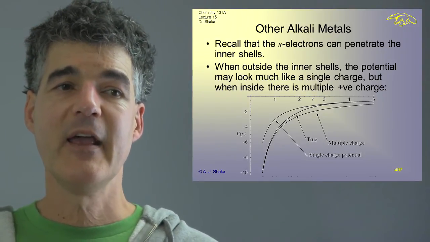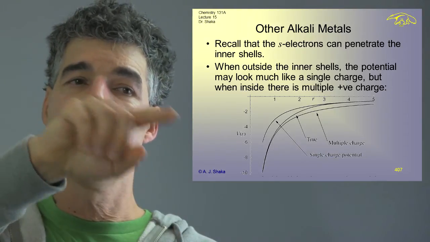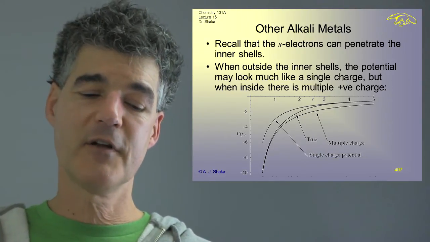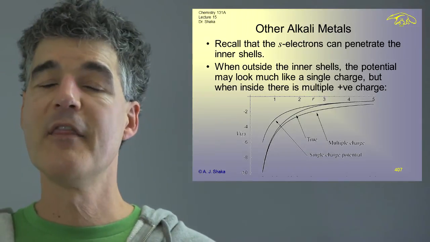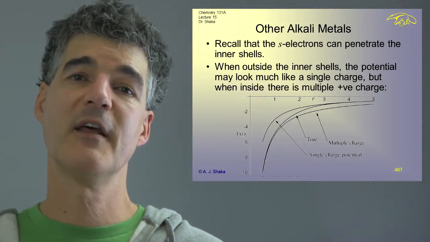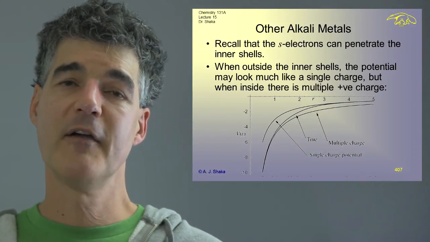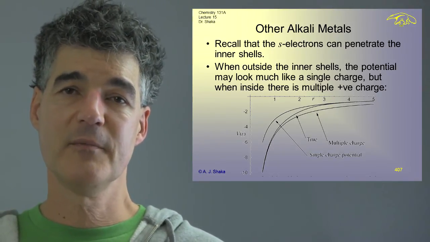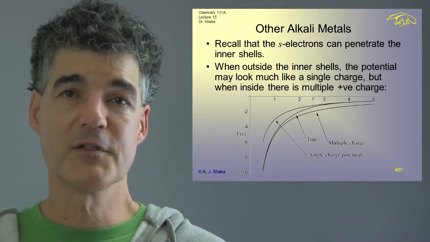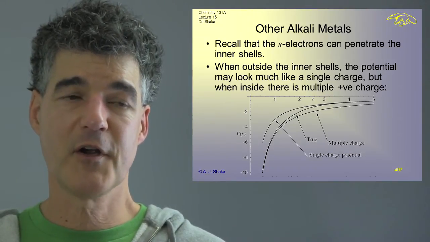And then as you go way out and all the electrons are inside, what you would expect is that it would look like a single charge. On the interior part, I've drawn the same potential, but with a single charge now, not with a multiple charge.